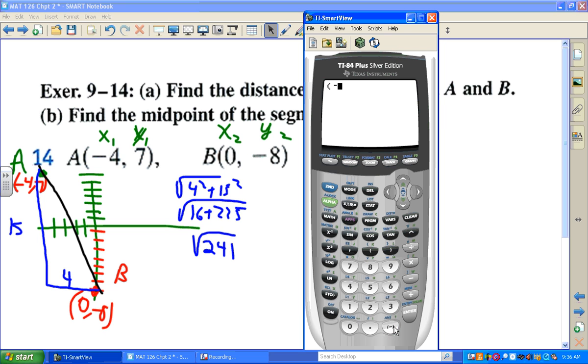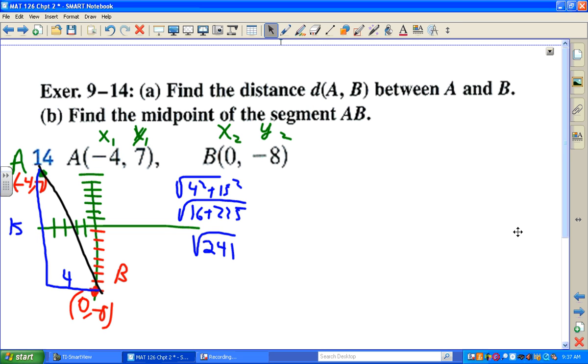I would do this: negative 4 minus 0 squared plus 7 minus a negative 8 squared. And then I would go from there, 241. That's the square root of 241. And then I would see if I could break that down. Okay? I know it's not divisible by 3 or 9, so I'd probably leave it for right now, unless I had more time to play with it. Okay.